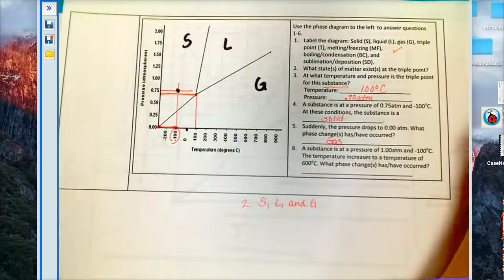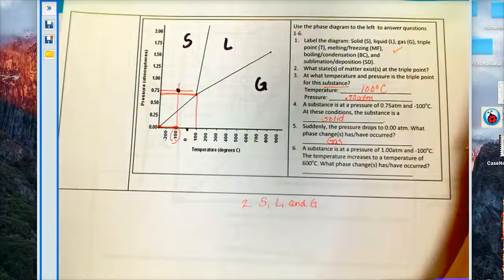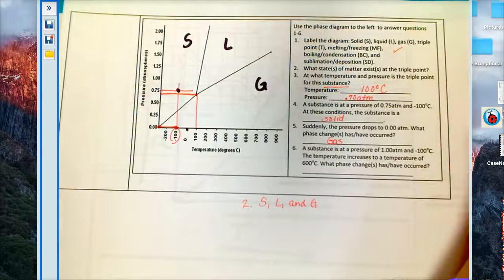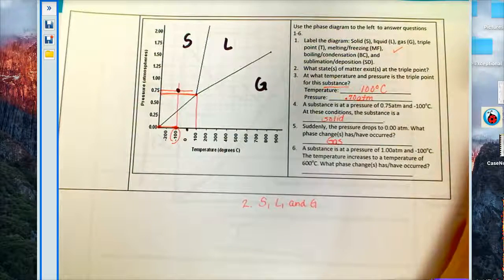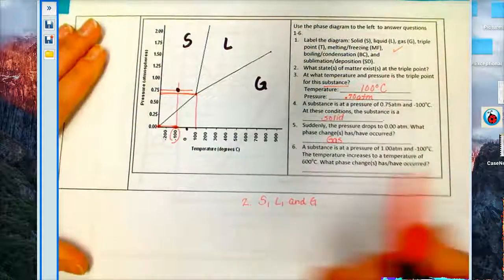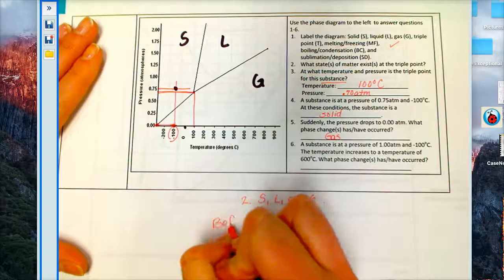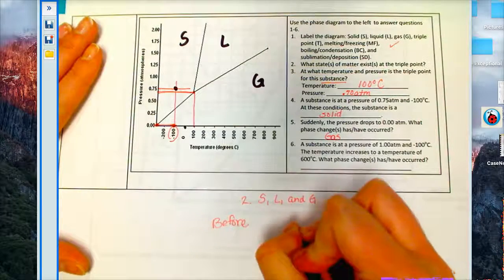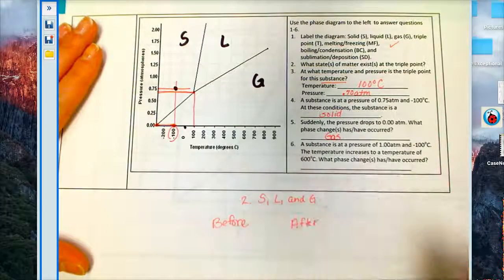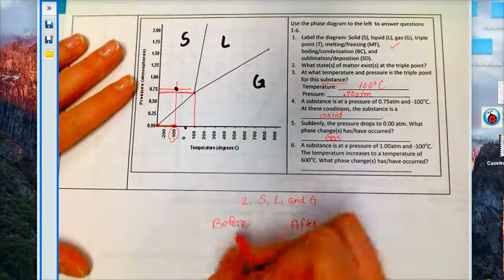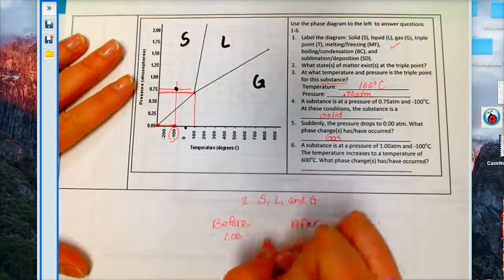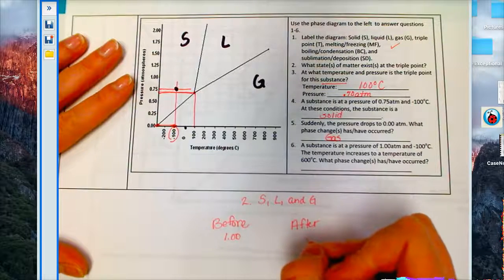Number 6 says a substance is at a pressure of 1.0 ATM and negative 100 degrees Celsius. The temperature increases to a temperature of 600 degrees Celsius. What phase change has or have occurred? So this is asking you to have a before, and this is kind of like our gas laws a little, and then you have an after. So in other words, a change has taken place. The change is you started out at a pressure of 1.00 and a temperature of negative 100 degrees.